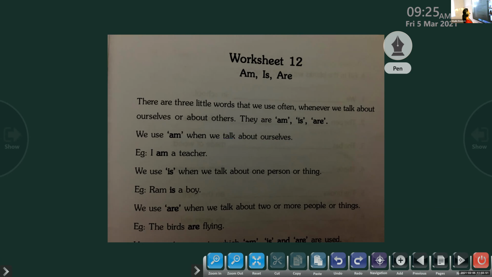Now, these are three little words which are used very often, especially when we talk about ourselves or about others.